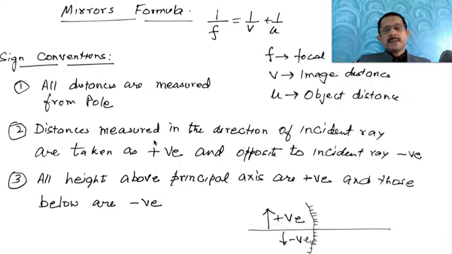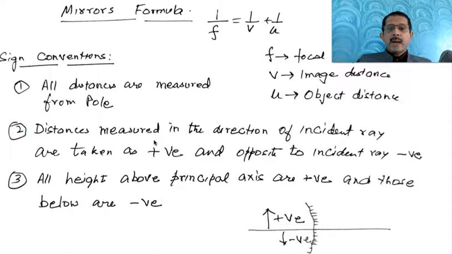That means if a ray is coming from south to north, then the south to north direction is to be considered positive. If a ray is coming from north to south, then that is opposite to the incident ray, so it is negative. Even if you have a slight confusion now, it should be okay, because as we go forward and do more and more numericals, things will be very much clarified.